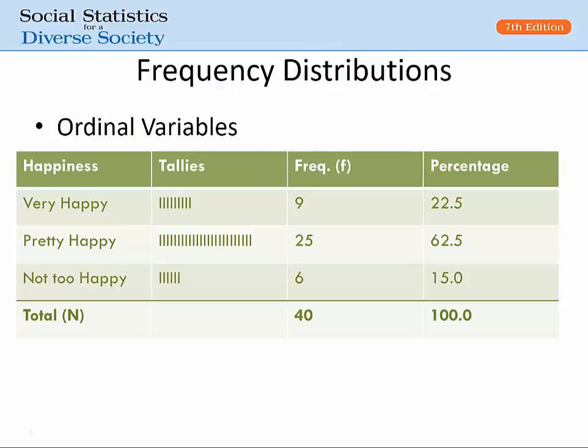We count how many people in each category responded to each category, and we can see that the frequency, the number of people who were very happy, there were 9 people out of 40, pretty happy 25, and not too happy there were 6. And again, if we convert those to relative frequencies, which is the decimal, so 9 divided by 40 is 0.225, and then if we multiply that by 100, we get 22.5%. We can see how the frequencies are converted to percentages for each of the groups in an ordinal variable.